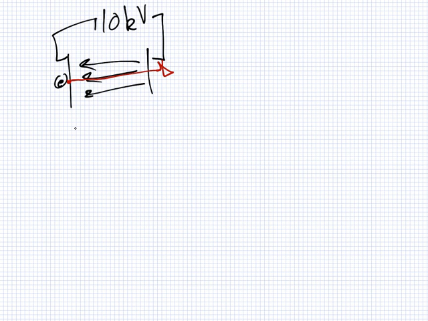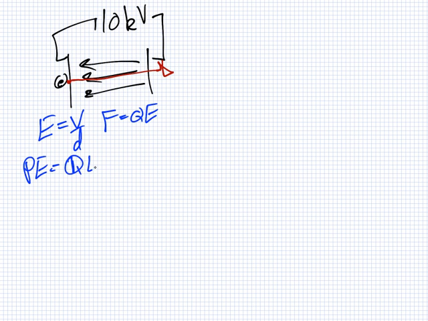You have a couple of formulas here. Remember, electric field strength is voltage over distance. Force is QE. And also, what is important for right now is potential energy is QEd, or also QV if we start at the start of the field and end at the end of the field.